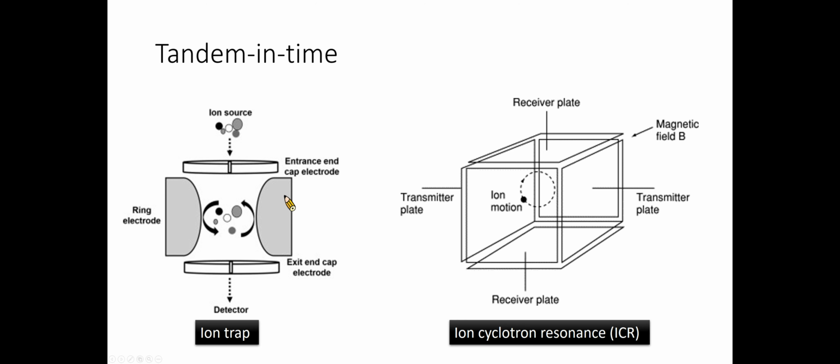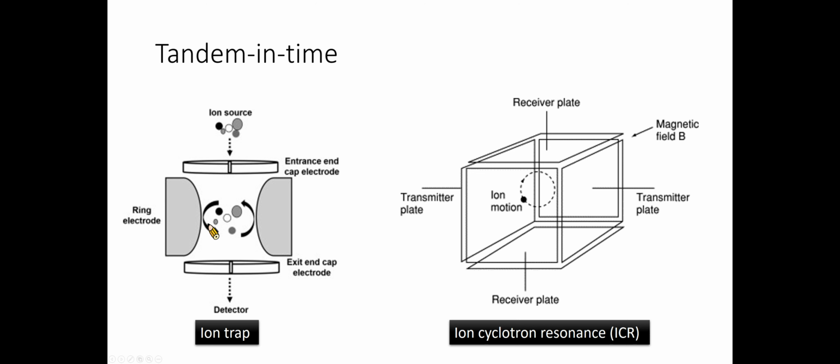Tandem-in-time, on the other hand, uses a single mass-to-charge analyzer that may be operated by executing the discrete steps of ion selection, activation, and product ion analysis in the very same place, but sequentially in time.